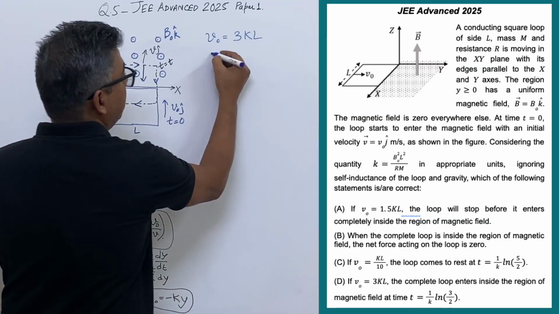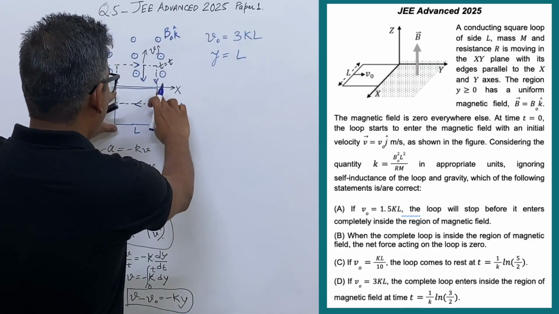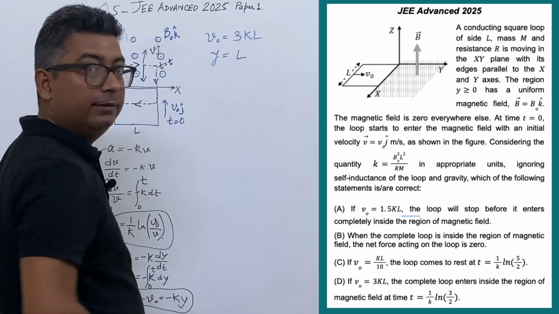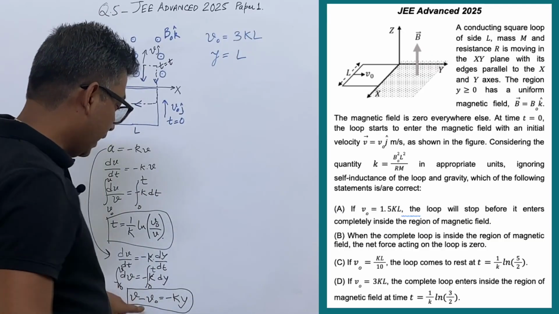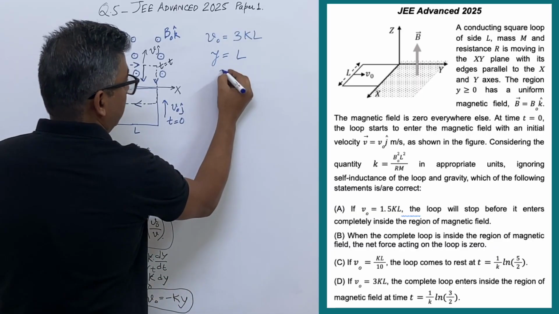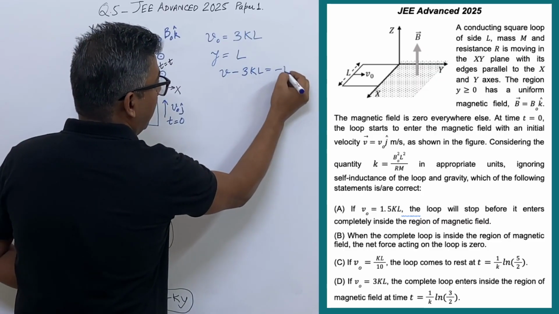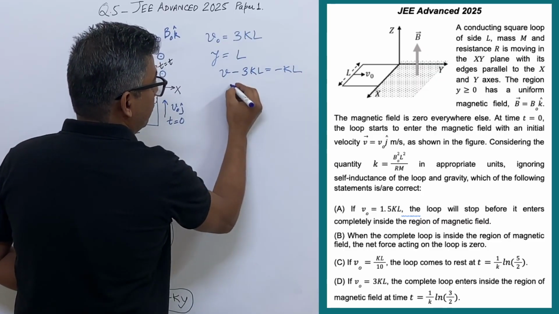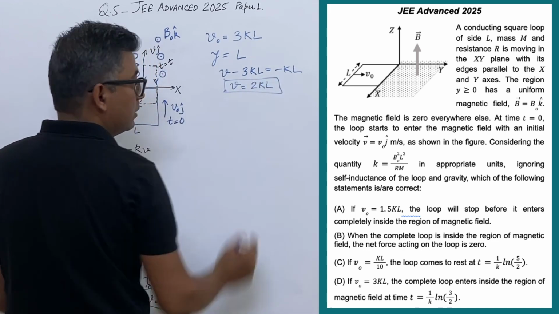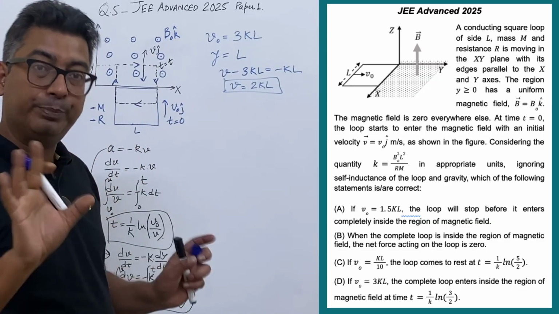That means it has given us y this time, which is equal to L. If this body completely moves in, it will travel length L. So we can calculate the velocity at that time using this equation: V minus 3kl is equal to minus k times y, and y is L. So V is equal to 2kl. This will be the velocity when the body just enters the magnetic field completely.